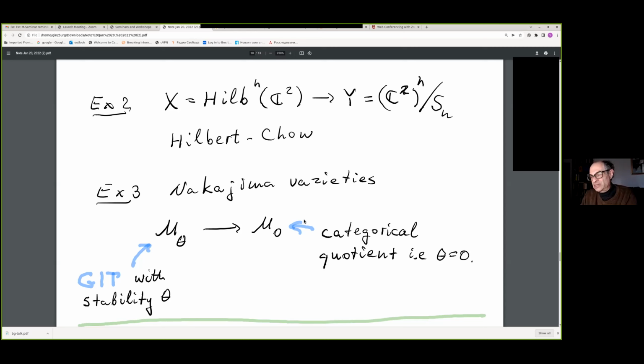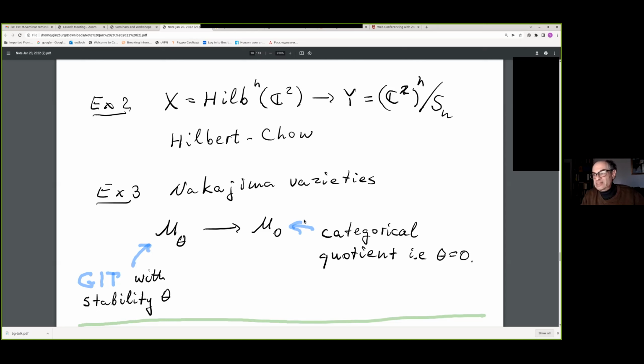One can take a categorical quotient, which is the most standard quotient in algebraic geometry, or one can take a GIT quotient, and this involves a choice of stability condition. And GIT theory says that there's always a map from a GIT quotient with non-trivial stability to the GIT quotient with zero stability. And in many cases, not always, but very often, this map turns out to be a symplectic resolution in the sense I defined above.